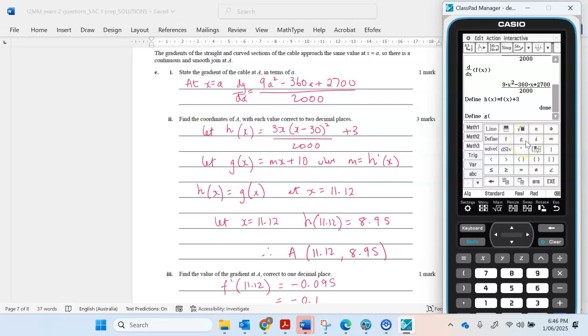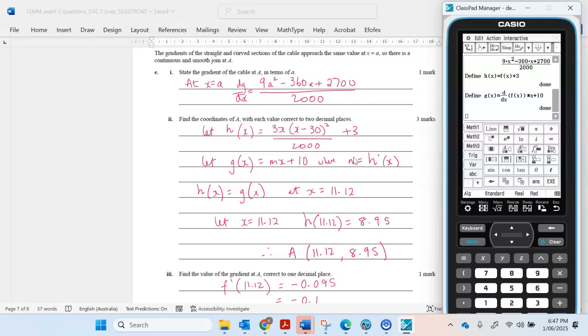Define g of x is equal to, so remember the gradient is my m. So on my calculator, here's my gradient function, the derivative of f of x, times x, because remember mx, so dy dx is my gradient, plus 10.